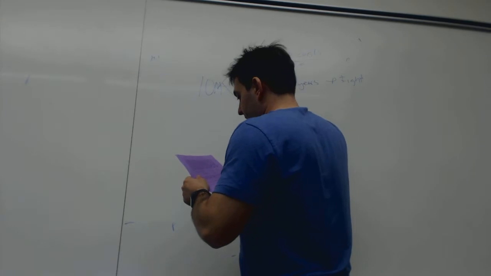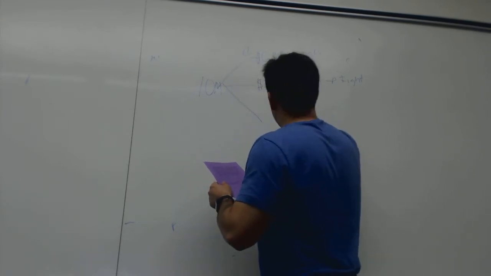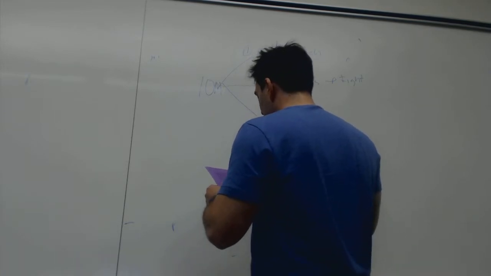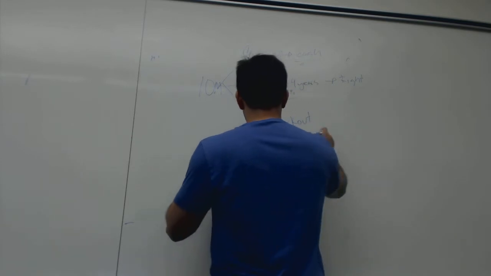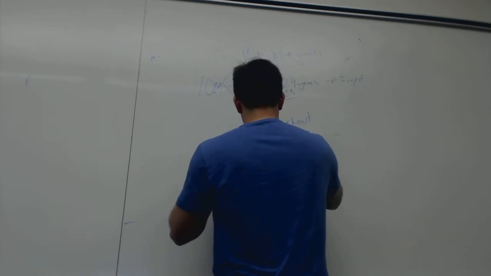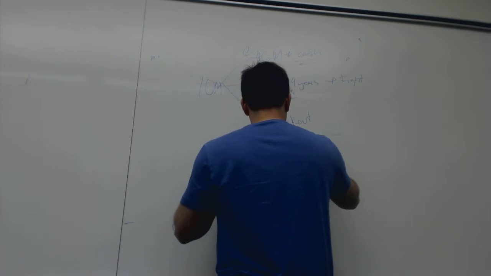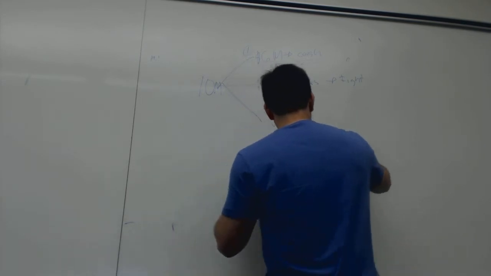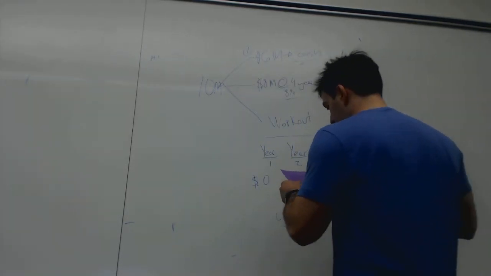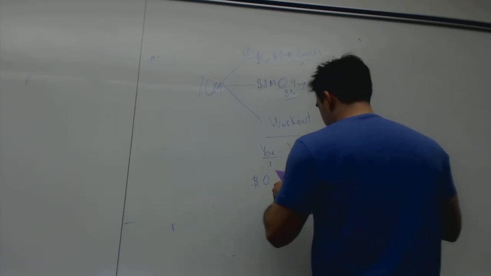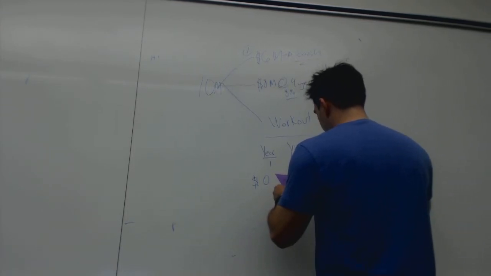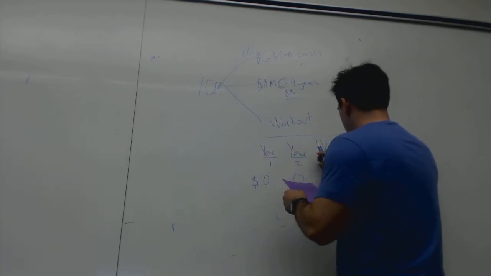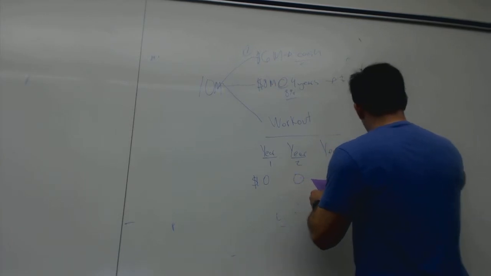And the third one is you structure a workout where the debtor pays nothing for 2 years. So you have year 1, year 2, and they pay 0, 0, and then 0.5 million per year till year 9.